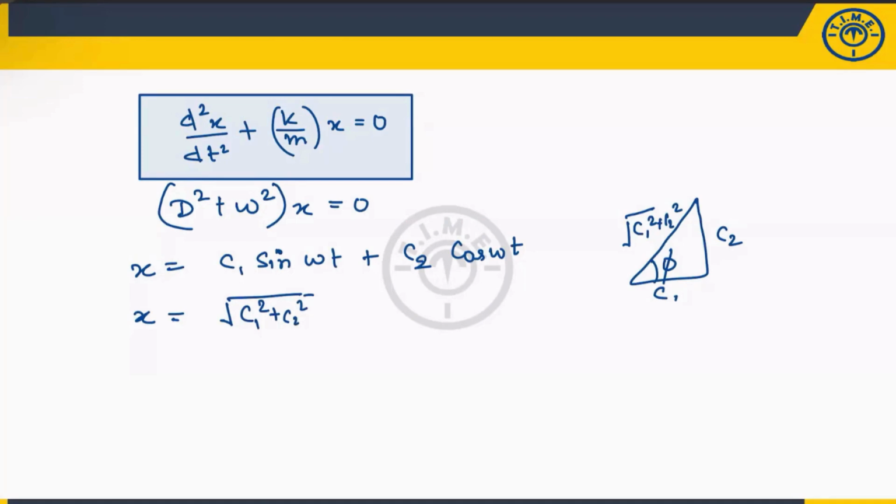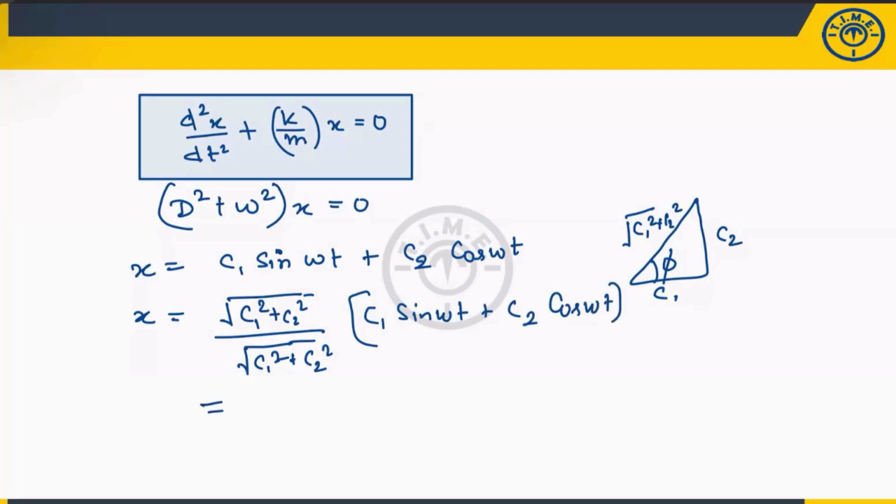If I write down the final equation, you already know it, so I'm just discussing how that result came. c1 sin ωt plus c2 cos ωt is nothing but, can I write, c1 divided by √(c1² + c2²)? That is cos φ, so sin ωt cos φ.